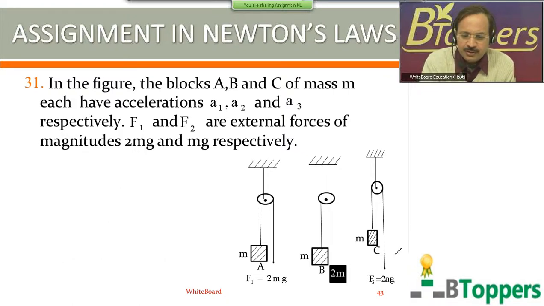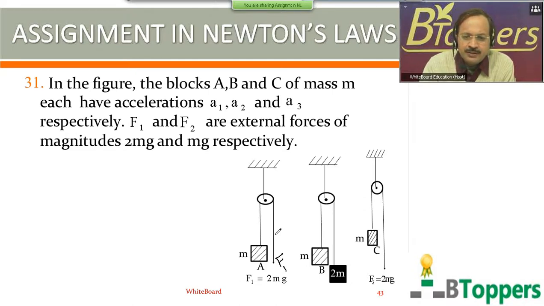In the first figure, the left end of the string is connected to the block A, and a pulling force of magnitude F1 is applied at the right end of the string.